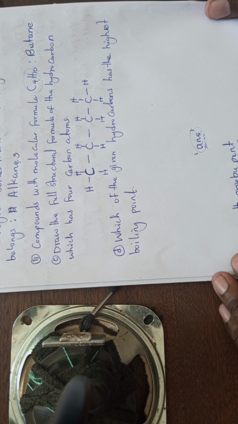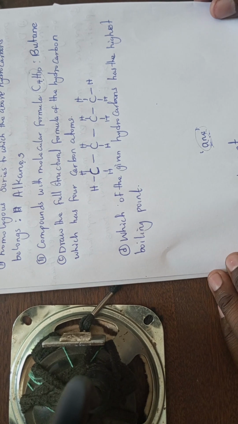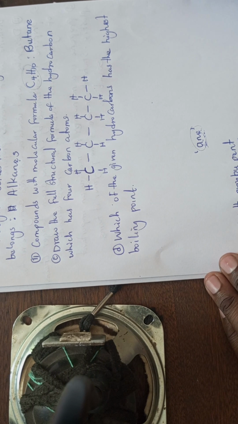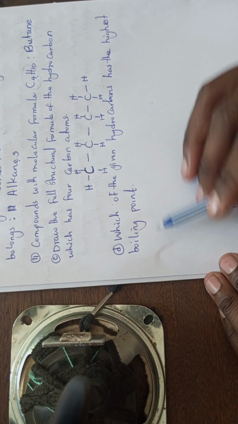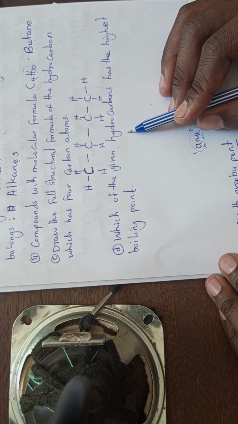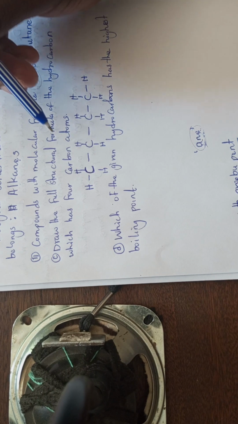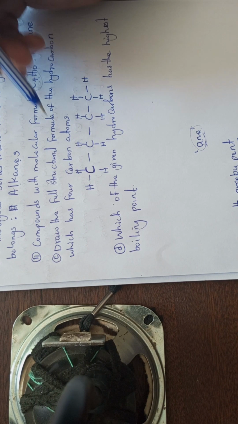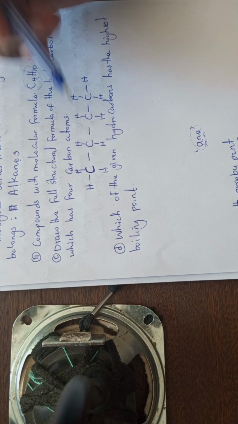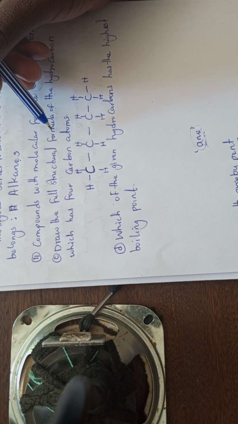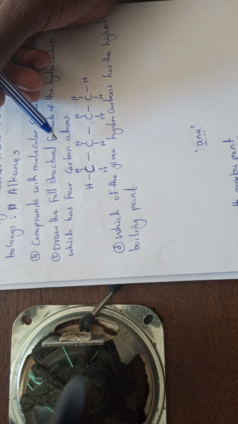From there, we go to our next part of the question, which reads, which of the given hydrocarbons has the highest boiling point? One thing you should know is that in all homologous series, as the number of carbon atoms increases, the boiling point and melting point increase.